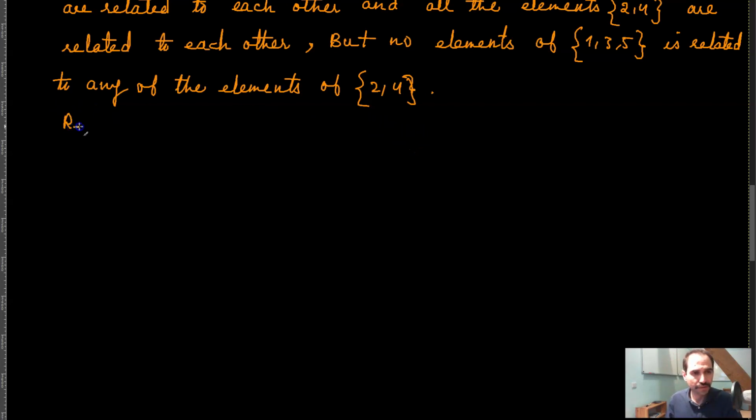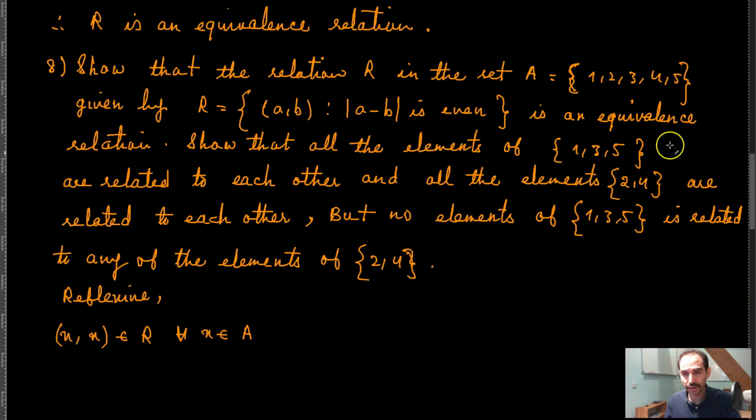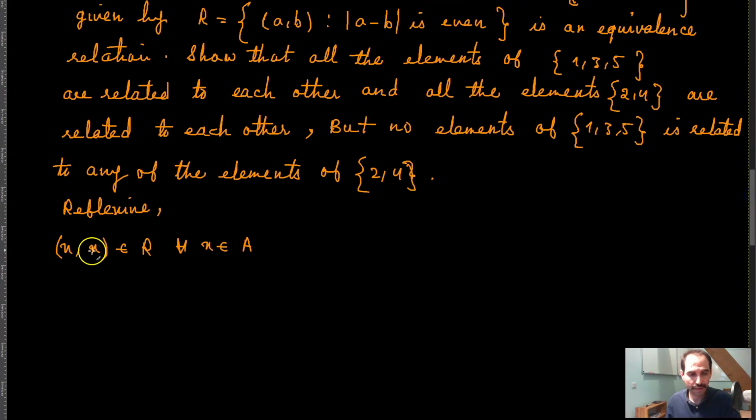To show that R is reflexive, (x, x) belongs to R for all x belonging to A, because x minus x is always 0, and the absolute value of x minus x is equal to 0, which is even, right? So R is reflexive.